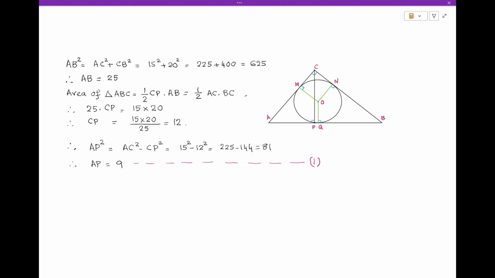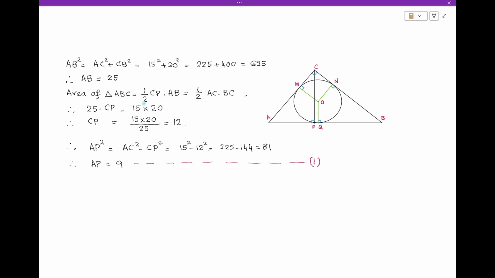Now, the area of triangle ABC is equal to half base into height, and this is the height and this is the base. So, the area of triangle ABC is half CP multiplied by AB, but the area of the same triangle is also half AC into BC because this angle is 90 degrees.